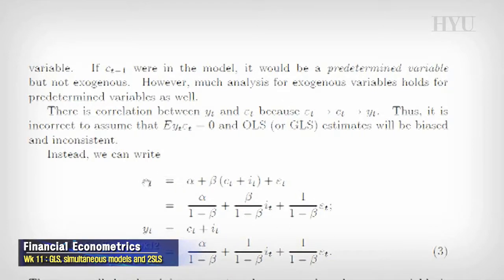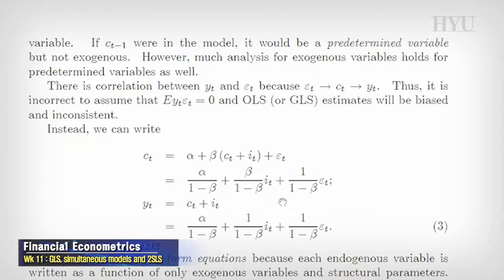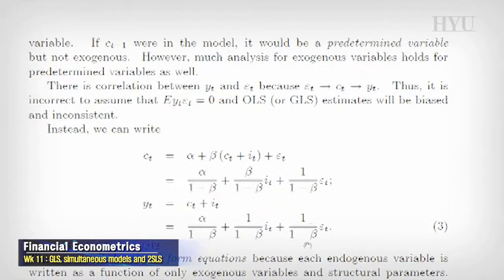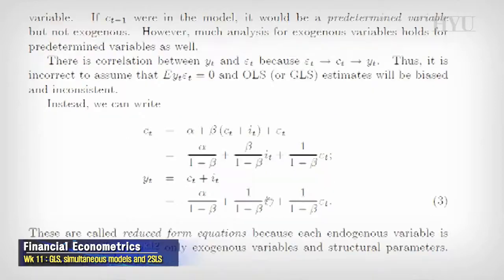Now we have regression equations such that the endogenous variables C_t and Y_t are all explained with exogenous variables, like I_t. These are called reduced form equations, because each endogenous variable is written as a function of only exogenous variables and structural parameters.